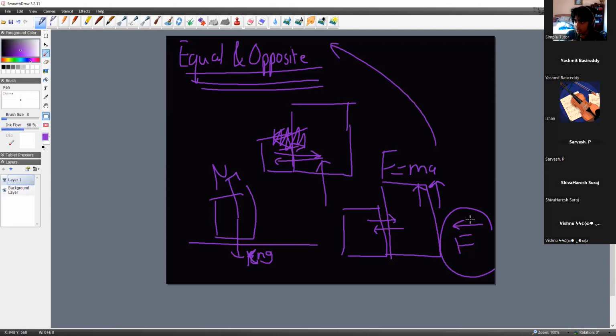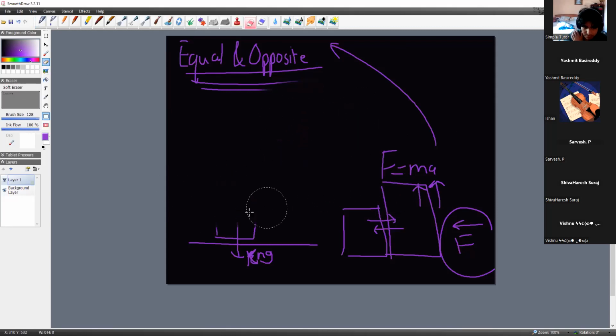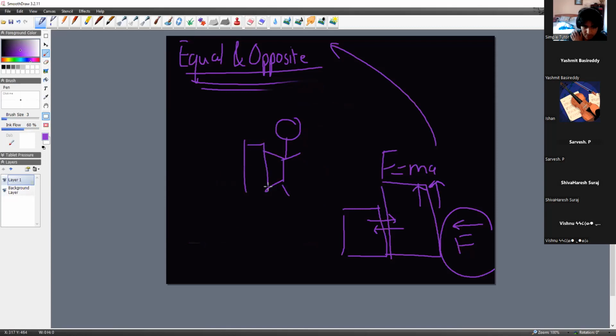So in theory, let me just quickly draw this out for you guys. I think this might be a little confusing. Say I'm pushing this box. Pretend I'm pushing this box. Because of Newton's law, I exert a force, and this object will exert a force back against me, right?